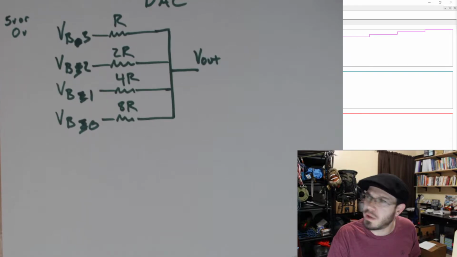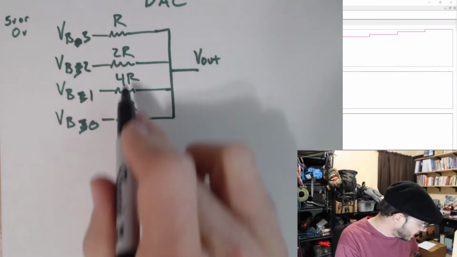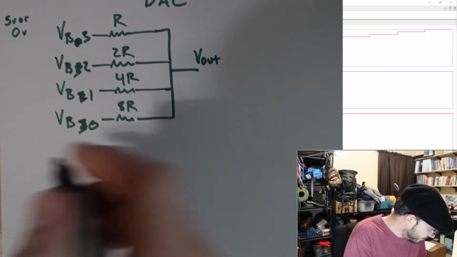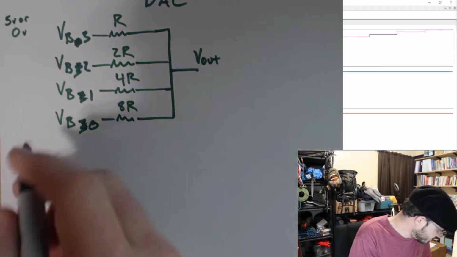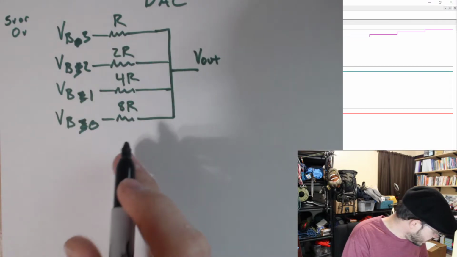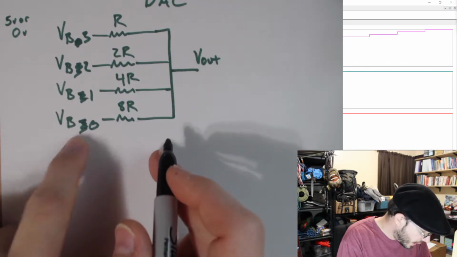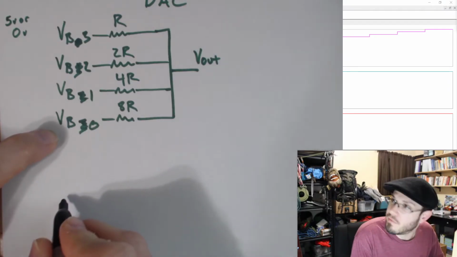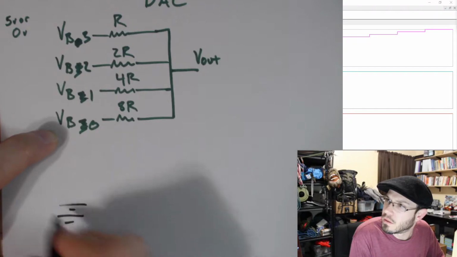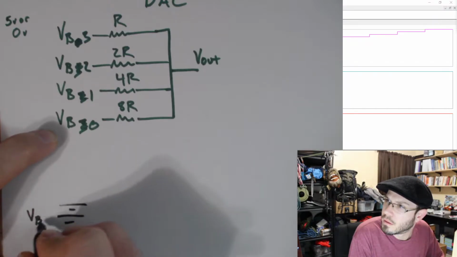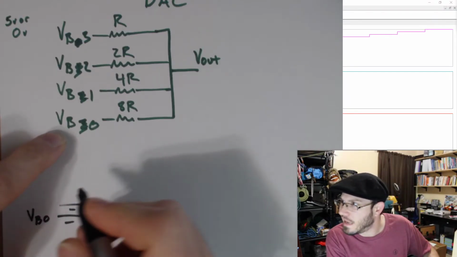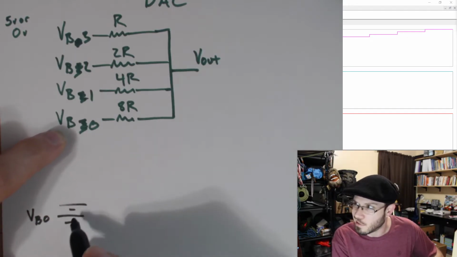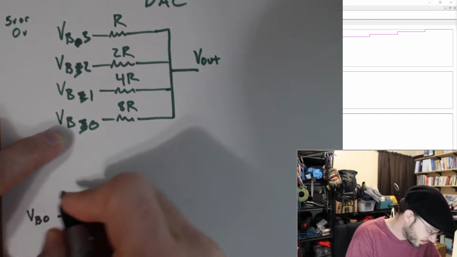So what I'm going to do here is let's take VB3. Actually, let me start with VB0. I'm going to take VB0, and keep in mind this is a binary, this is a digital value. So VB0 is either going to be 0 volts or it's going to be 5 volts.